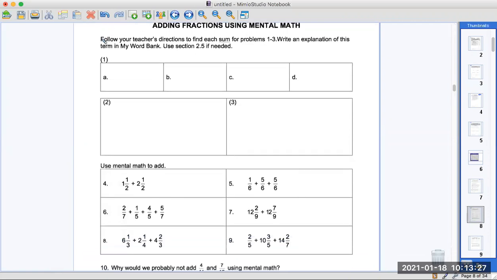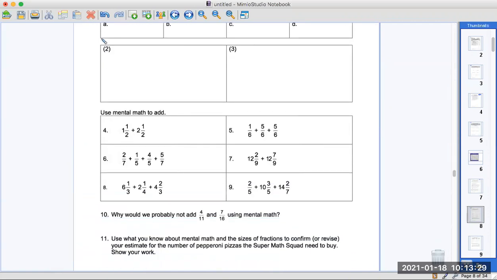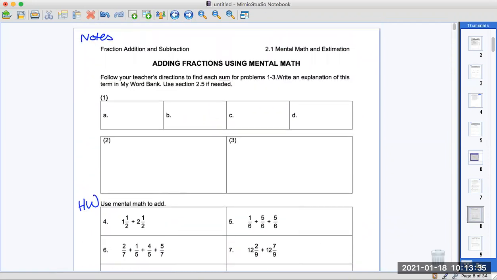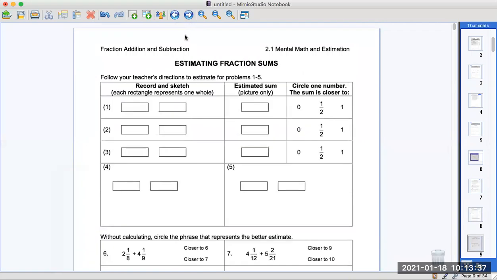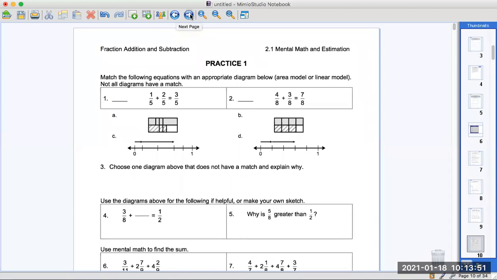So parts, and I believe down here, this is going to be homework. These questions. Then we're on page 5, and this is notes. Page 6 is homework.